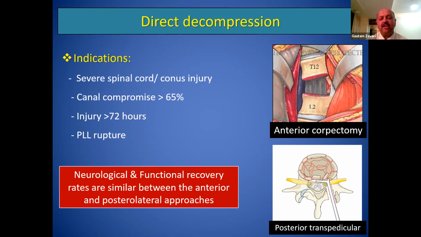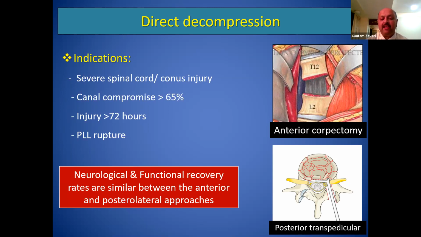This in the good old days used to be done by laminectomy. It was later realized that laminectomy in fact destabilizes the spine further, and therefore the anterior approach became popular, where one did a corpectomy or a partial corpectomy, decompressing the spinal cord from the front. But in the last 20 years or so, what has become popular is the posterolateral transpedicular approach, through which the neural structures are decompressed.